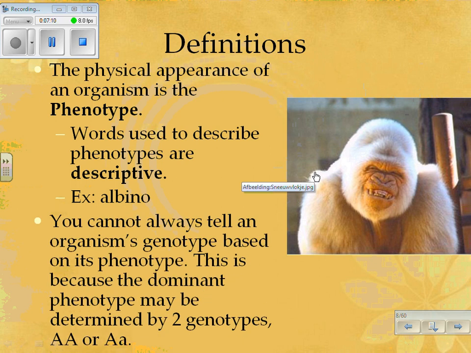When you do the Punnett squares and look at genetics, it's extremely important to take a look at both the genotypes and the phenotypes, because you can't always tell what the organism's genotype is based off the phenotype, because at least 2 letters make up that trait. So if an individual is dominant for a particular trait, you're not sure if it's big A, big A or big A, little a. So you can't always tell that.